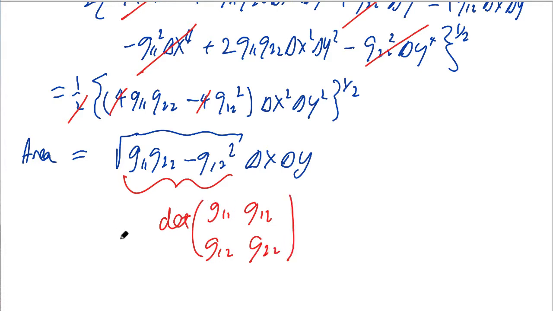And the usual practice is to denote this by just the letter G. So G is shorthand notation for the determinant of the metric components. And by the way, in the past I've used G to denote the metric tensor, thought of as a 0-2 tensor, G_ij dx^i, and to be very careful here, I'll use the outer product symbol.